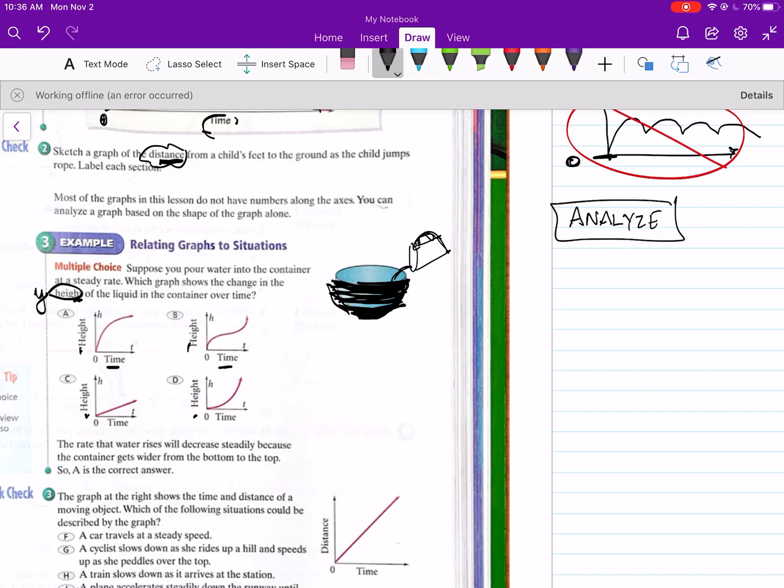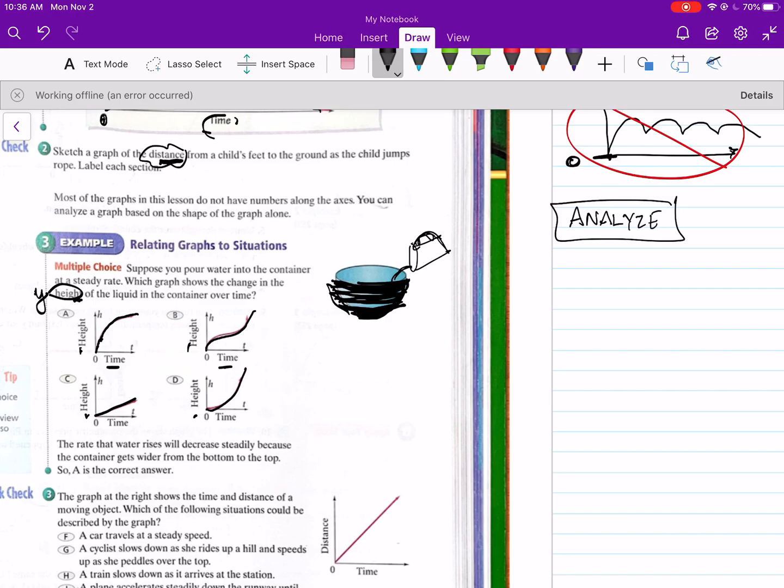This shows that you kind of fill up over time. The height goes kind of quickly, and then starts to level off. This one starts to go quick, level off, and then go quick again. This one is just steady over time, and this one goes really slow and then really quick.